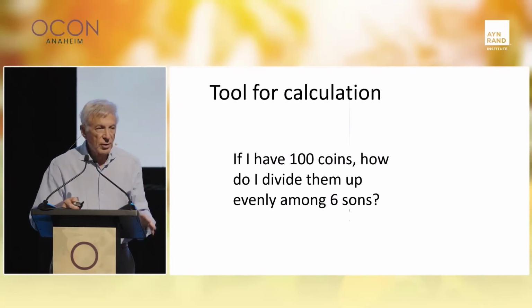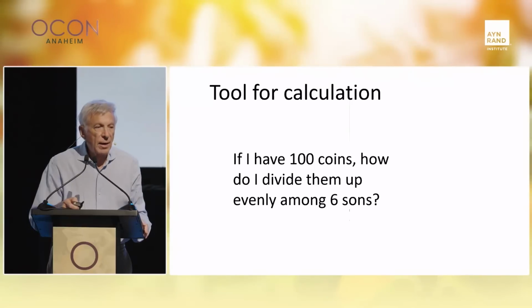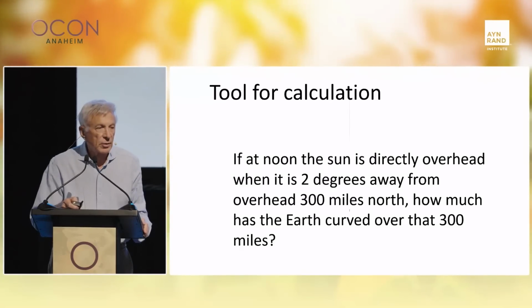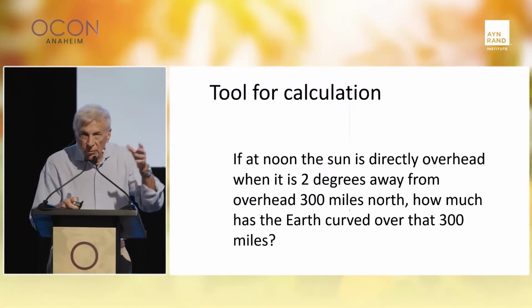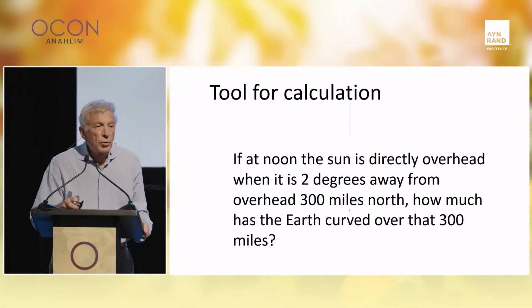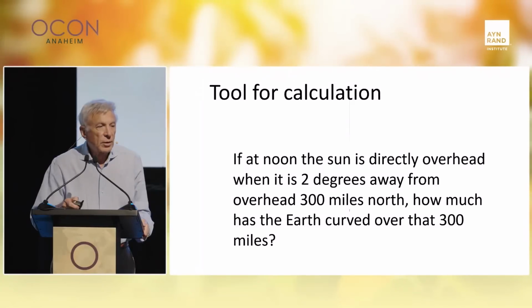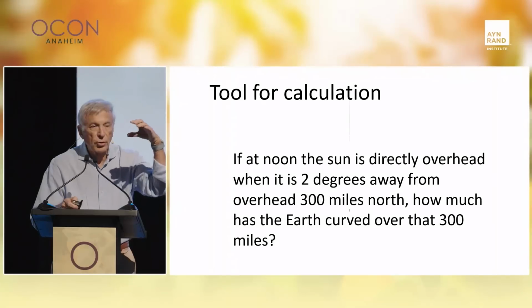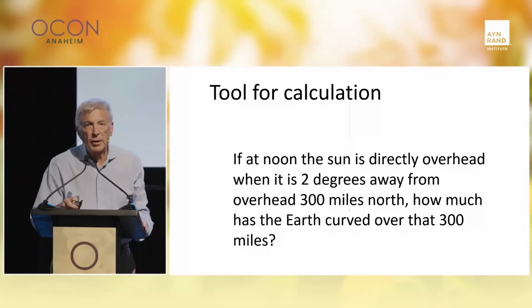For instance, my examples, if I have 100 coins, how do I divide it evenly among 6 sons? Or to flesh out how big is the Earth, if at noon the sun is directly overhead, when it is 2 degrees away from directly overhead, 300 miles north, how much has the Earth curved over that 300 miles?